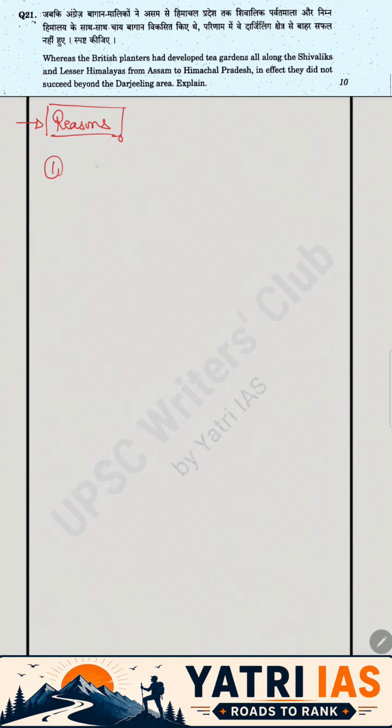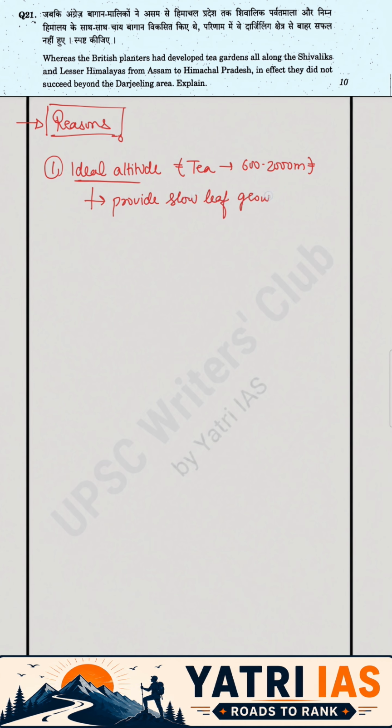So the very first reason you would mention is it has the ideal altitude, because tea production requires an altitude of 600 to 2000 meters of elevation, and the hills of Darjeeling provide the ideal condition as far as altitude is concerned, and this helps in providing slow leaf growth and superior flavor.